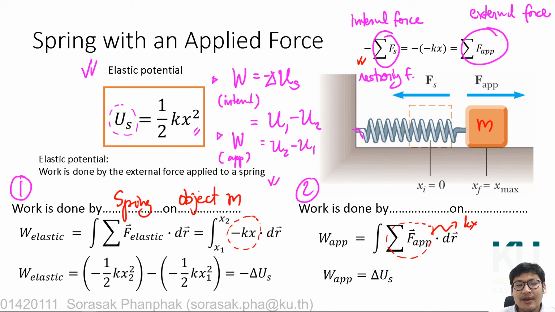So you will get the work done by the external force on the object M as well. So with different signs, you get the work done by the external force. This is the work done by the spring itself, like the elastic or internal force.